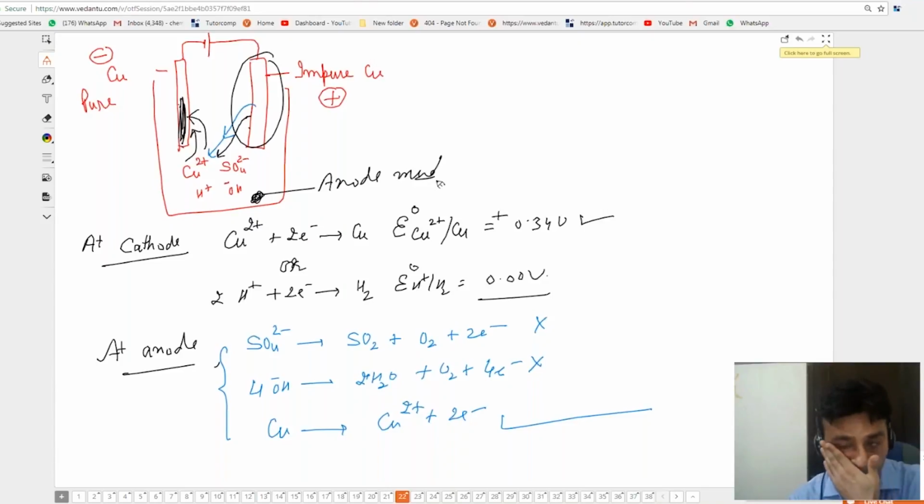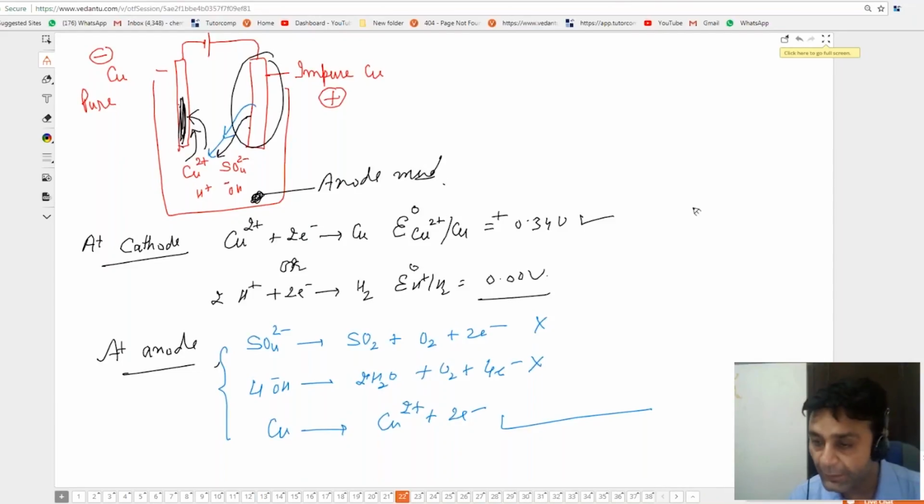Shrija, I told you by sign convention, negative is cathode and positive is anode, in the electrolytic cell. Electrolytic cell means when we are passing the current. But in the electrochemical cell, it is just the reverse.